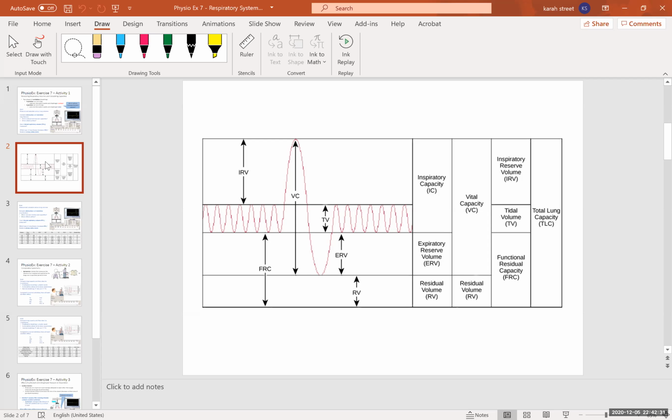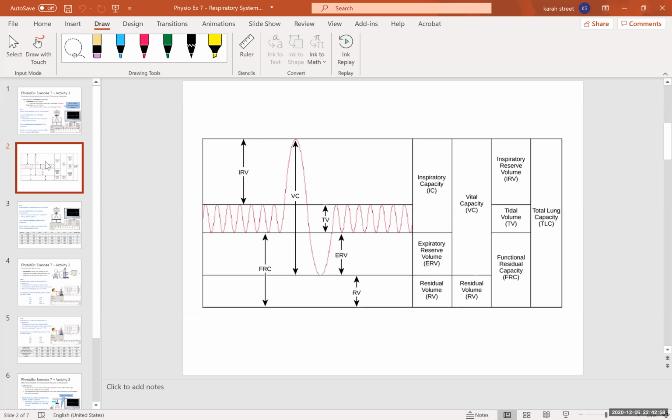But as you learned when we did this lab together, at least for our spirometry labs, they can be different in the disease state. Forced expiratory volume 1, FEV1, measures the percentage of vital capacity that is exhaled in the first second of exhale.